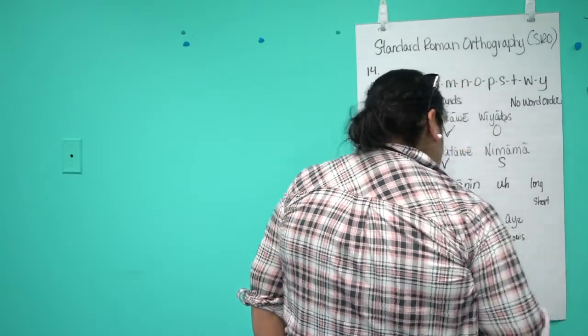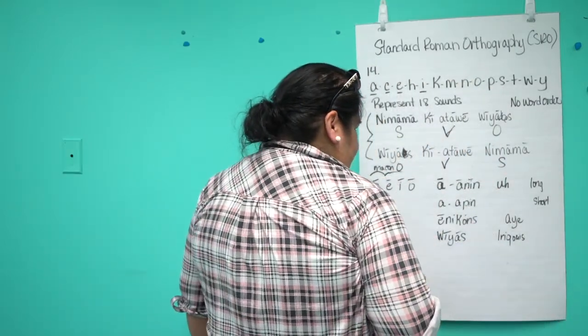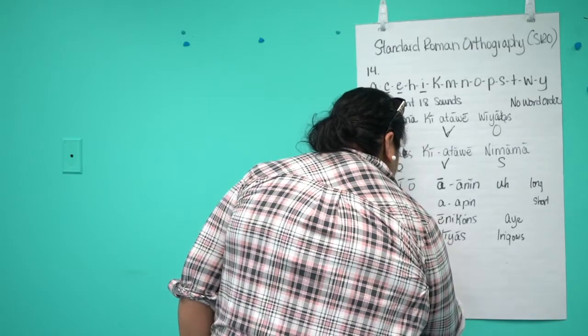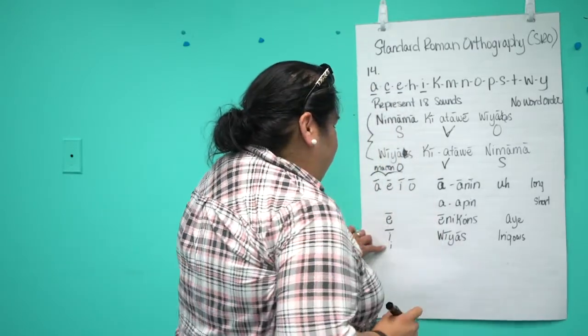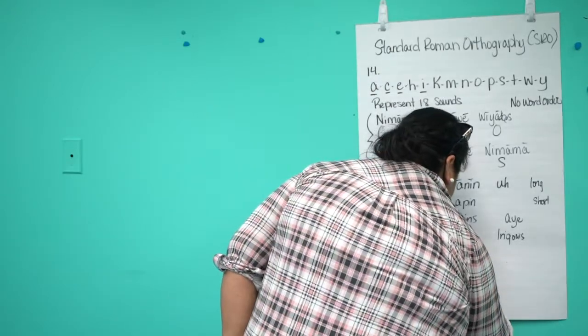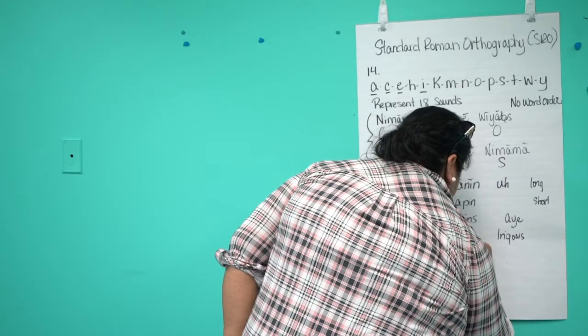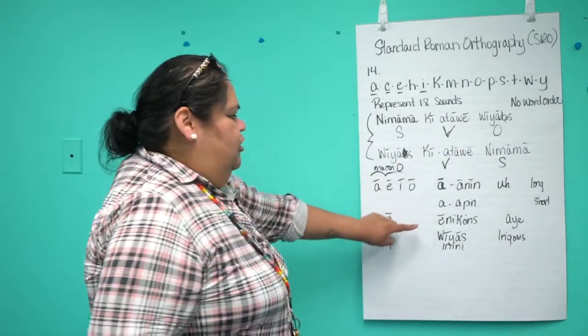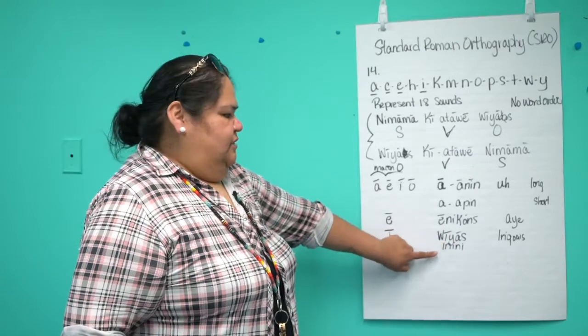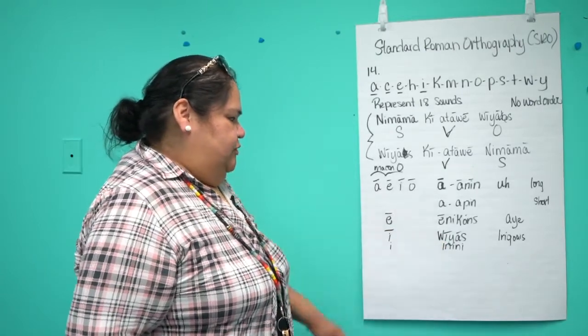I don't know if I spelled that right. Where a normal I is like inen. We ask inen. And that's short.